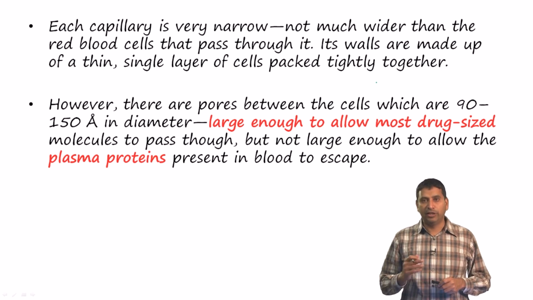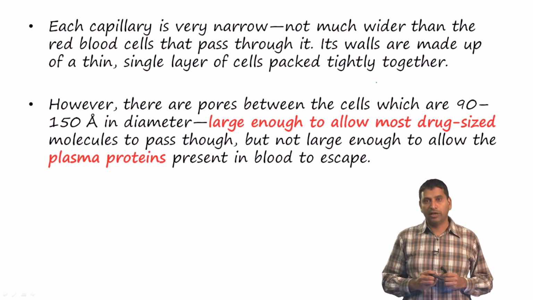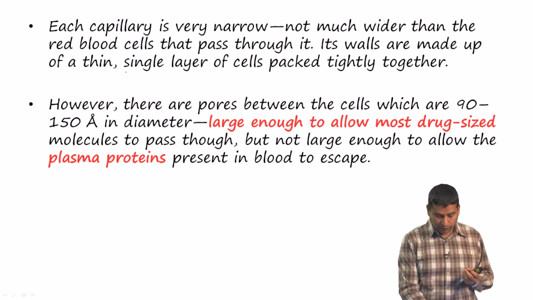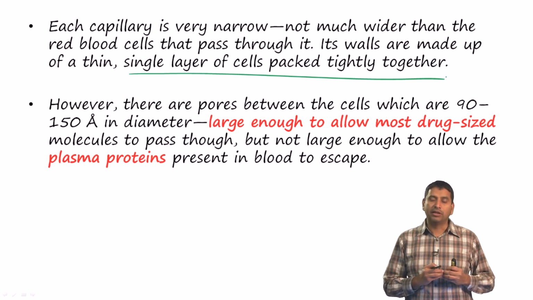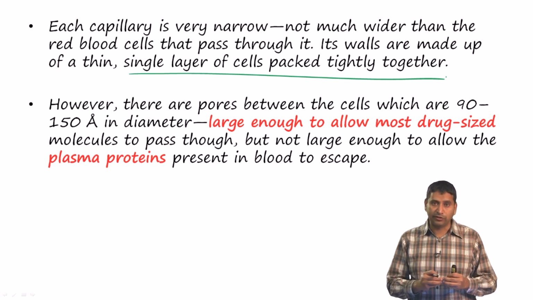Each capillary is very narrow, not much wider than a red blood cell, and its walls are made up of a thin single layer of cells packed very tightly together, okay. But there are pores between these cells, okay.